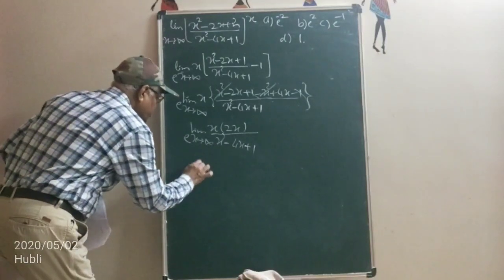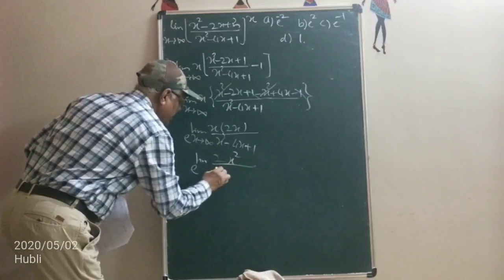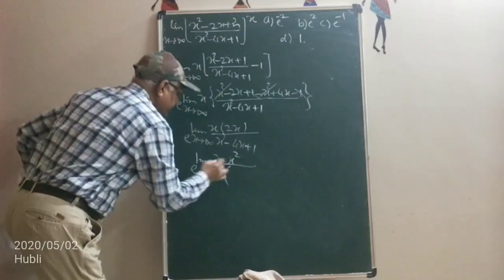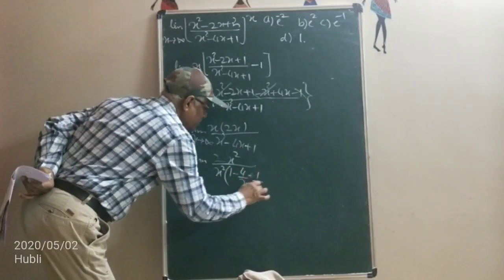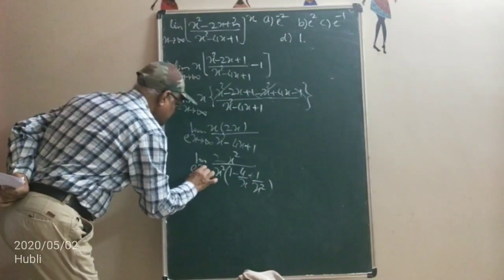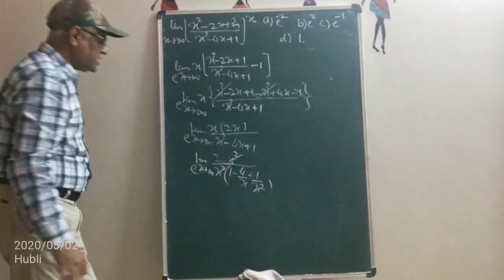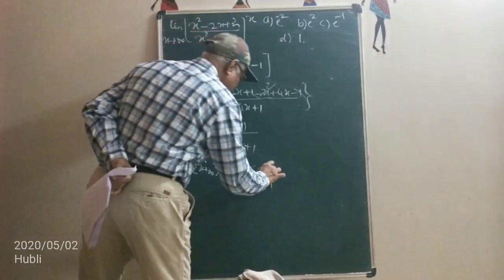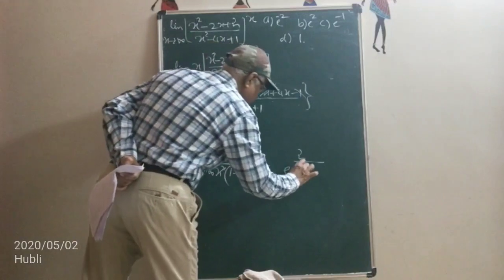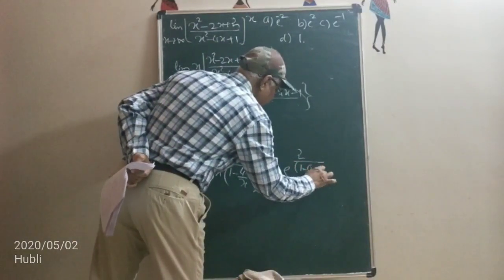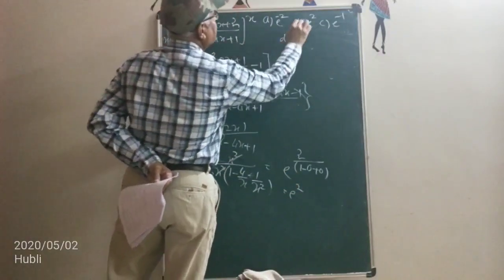So that means e raised to limit of 2 times x square divided by, I am taking x square common factor into the bracket, 1 minus 4 upon x plus 1 upon x square, as x tends to infinity. Now this x square and x square term get cancelled. That's equal to e raised to 2 divided by 1 minus 0 plus 0, equal to what? e square is the answer. So that is e square.